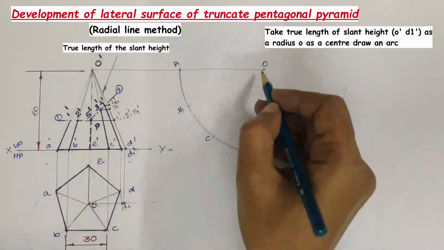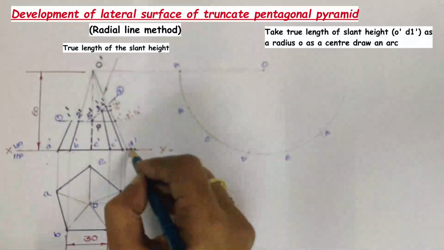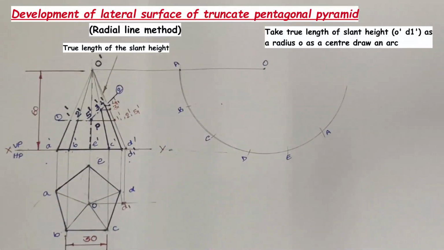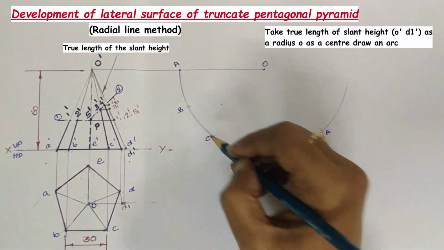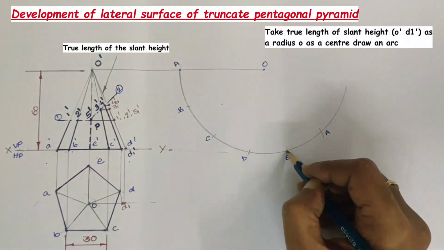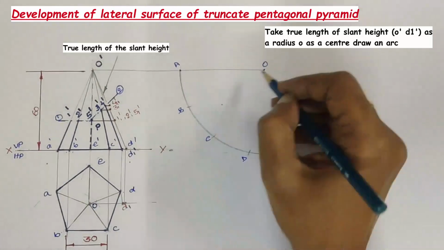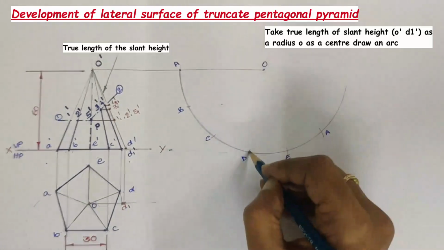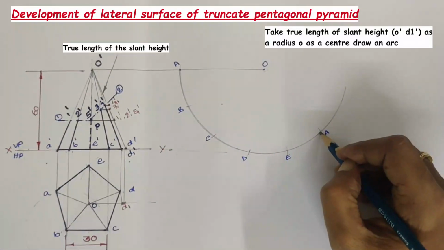Make a note, OA is the radius of the true length of the slant height. Then join A to B, B to C, C to D, D to E to A points with straight line segments, and O to B, O to C, O to D, O to E and O to A points are also with straight line segments.